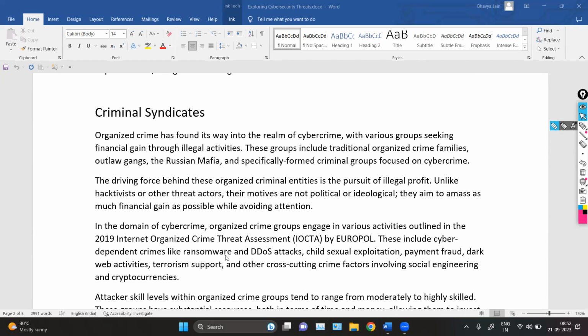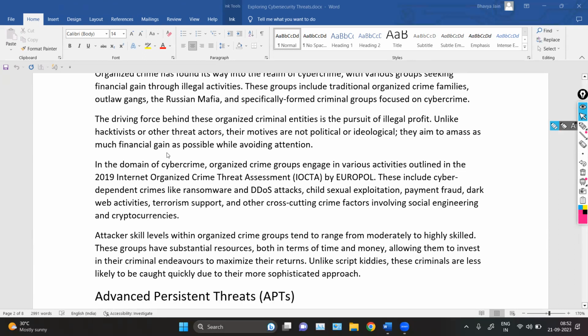So in the domain of cybercrime, organized cyber groups engage in various activities outlined in the 2019 Internet Organized Crime Threat Assessment by Europol. These include cyber-dependent crimes like ransomware and DDoS attacks, child sexual exploitation, payment fraud, dark web activities, terrorism, and other cross-cutting crime factors involving social engineering and cryptocurrencies.